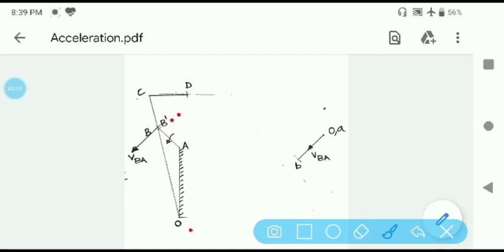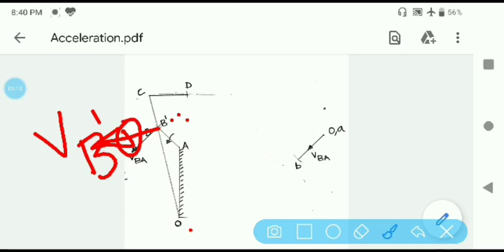The only thing that we know is that the direction of velocity of B prime relative to O will be perpendicular to the link, and in this case perpendicular downwards. So from B prime you draw a line perpendicular to OC downwards. This direction indicates the direction of velocity of B prime relative to O.